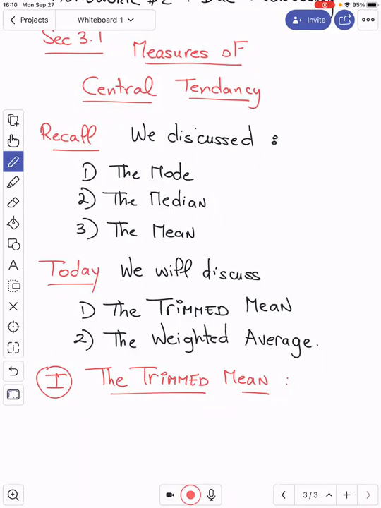So let me first define the trimmed mean. What's a trimmed mean?